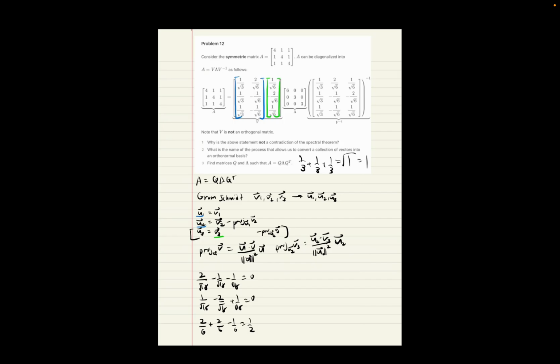If we do the same for the second column, we would get 4 over 6 plus 1 over 6 plus 1 over 6 equals 1 again, and the same would also hold for the last column. This means that we can, once again, basically disregard the denominator of the projection formula, giving us just the dot product of our two vectors, scaling u2.